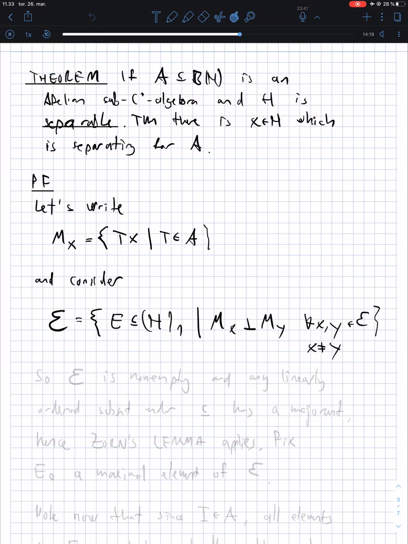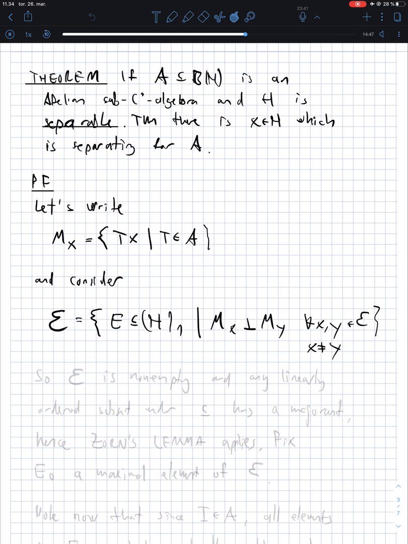Right, so what I'm trying to work with here is a collection of vectors of norm 1 or less with the property that when I take these two subspaces Mx and My, all the vectors are going to be mutually orthogonal for choices of x and y that are different. Right?